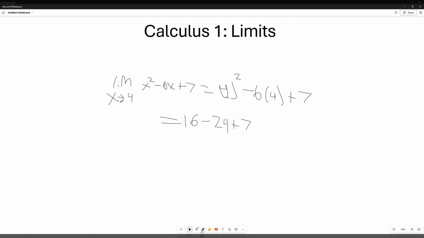So it's going to be negative 8 plus 7, and that's equal to negative 1. So this is what the limit of this parabolic equation symbolizes, or goes through, when it reaches its y value of negative 1.